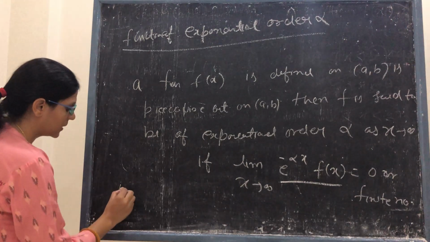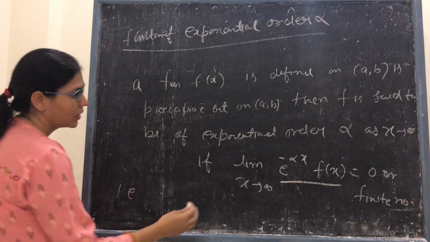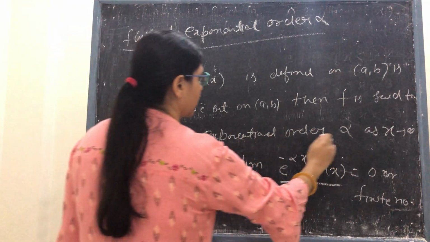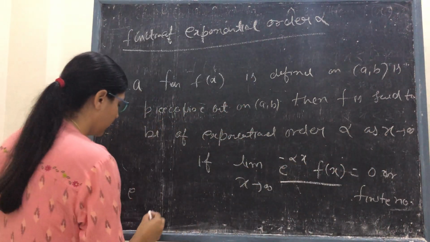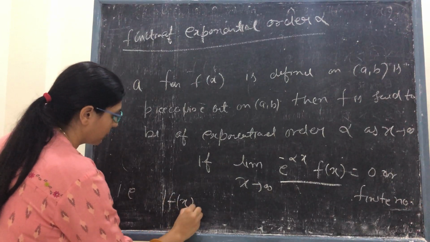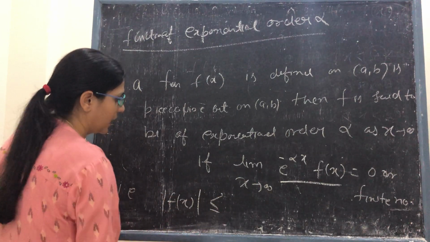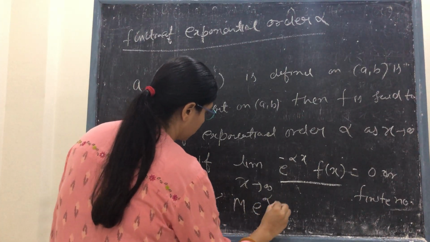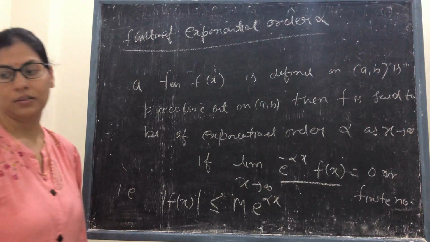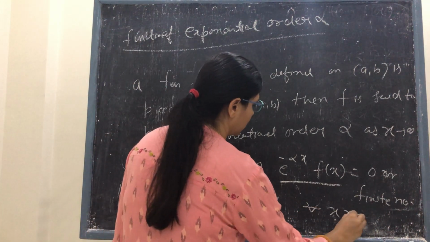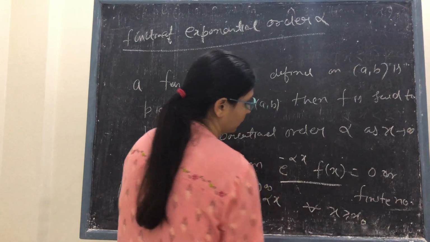In other words, we can say function f(x) is of exponential order alpha as x tends to infinity if mod of f(x) is less than some M into e raised to the power alpha x for all points x greater than or equal to 0.